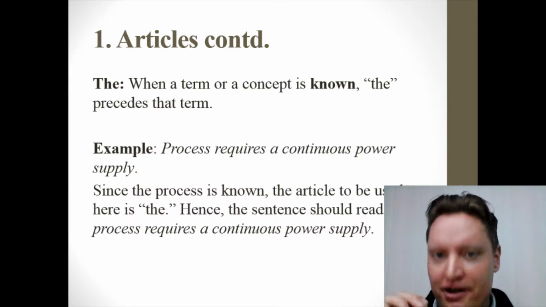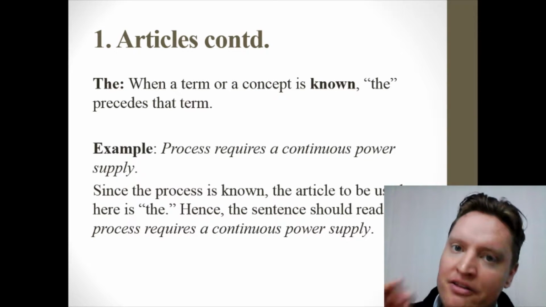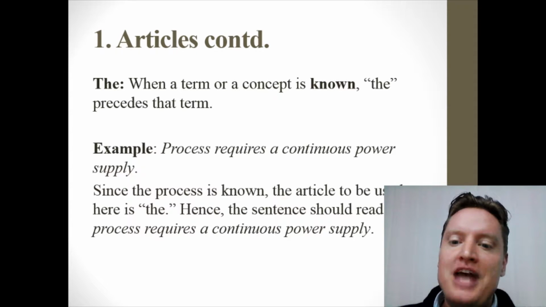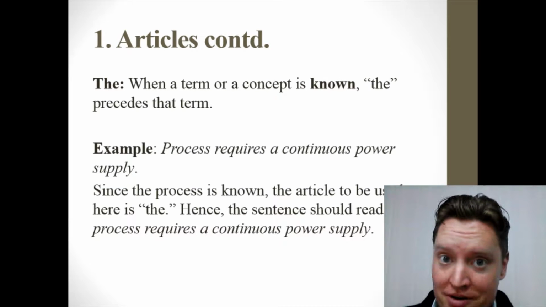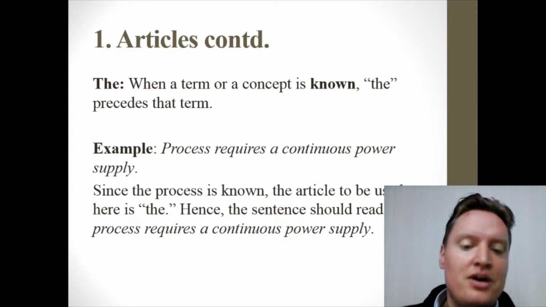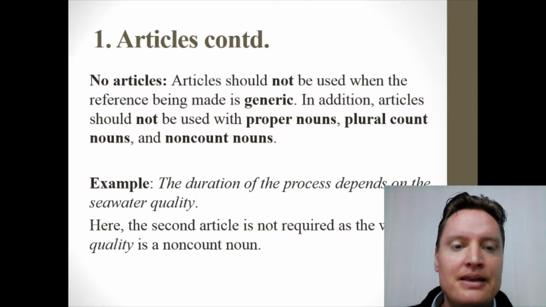Now, let's talk about the for a minute. When a term or a concept is known, the precedes the noun. An example, process requires a continuation power supply. Since the process is known, the article to be used here is the. So the sentence should be, the process requires a continuous power supply.